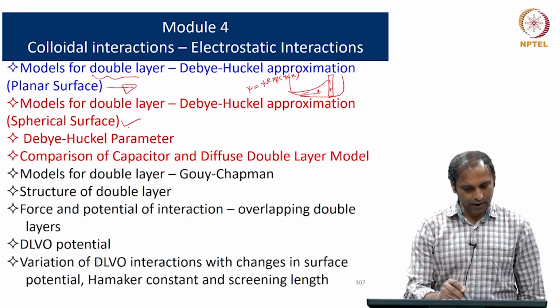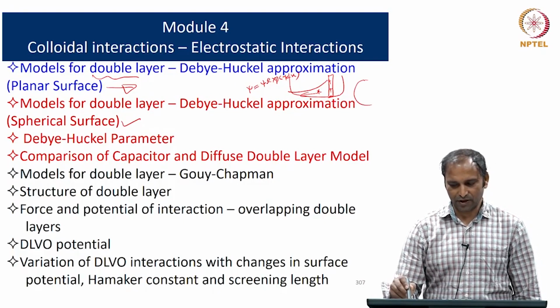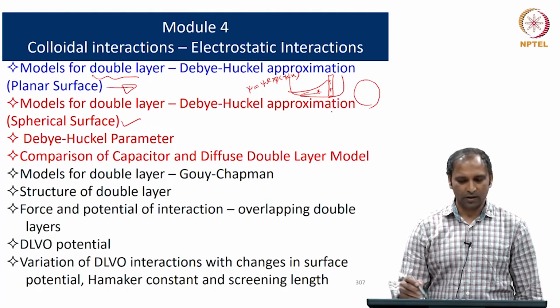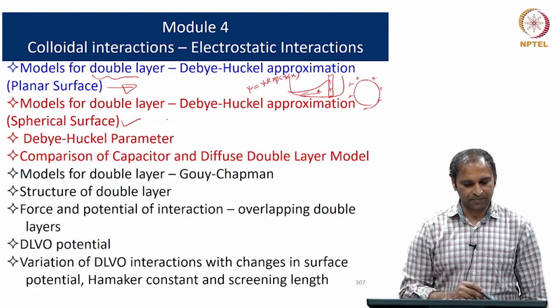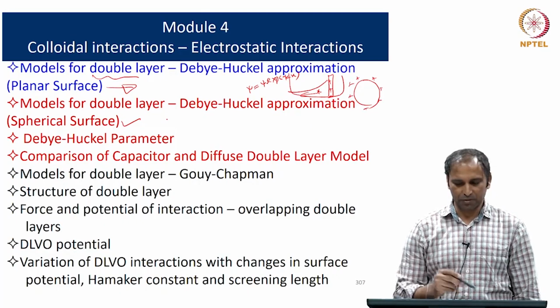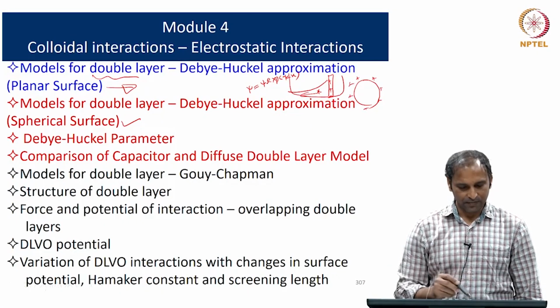What we are going to look at today is a case where instead of a planar surface I have a curved surface. If I have a spherical particle that is charged, we will think about how to derive an expression for how the potential falls with distance from the spherical surface.